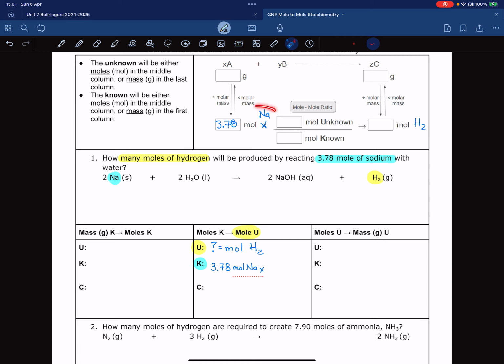In order to get from one to the other, you have to go through what's called the mole-mole ratio. The mole ratio is always the moles of unknown to the moles of known from the equation. Since this is the first time, we're going to slow down and take it piece by piece. First, moles of the unknown. From the equation, the moles of unknown is 1.